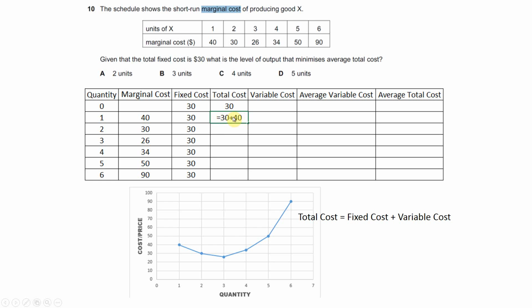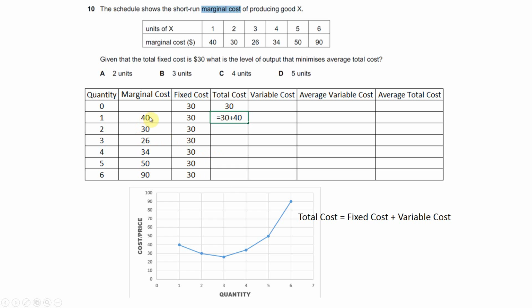So this is 70, the total cost at the quantity of 1. The quantity of 2, where as we went from 1 to 2, the total cost increased by 30. So this is 70 plus 30 equals 100, and so on. And we calculate that for all quantities, the total cost. And we have this information here.